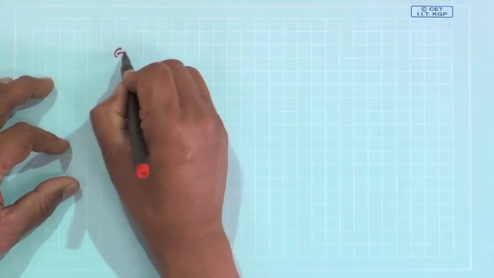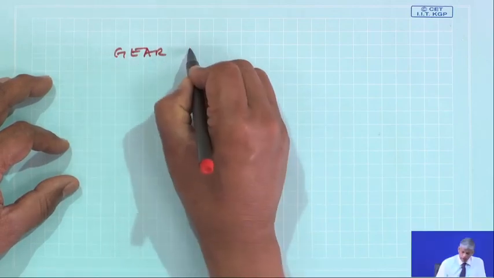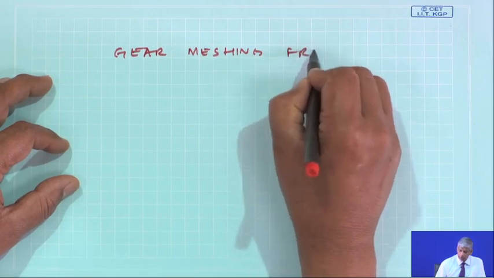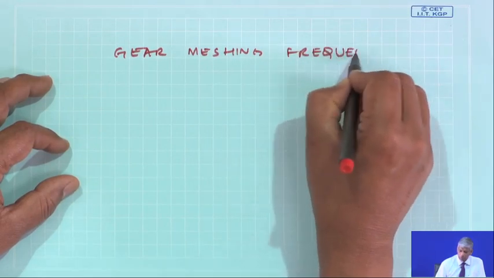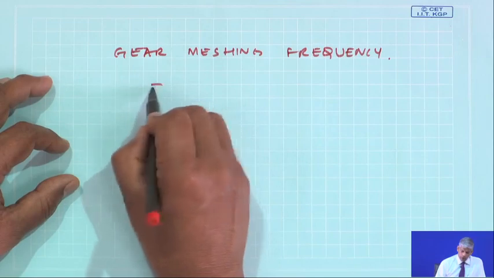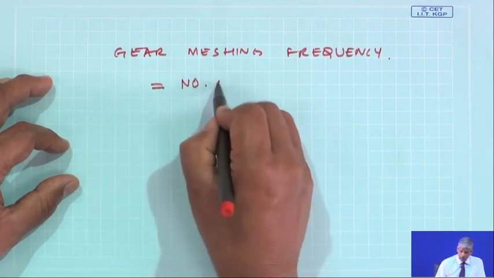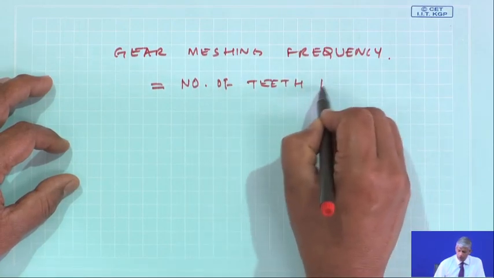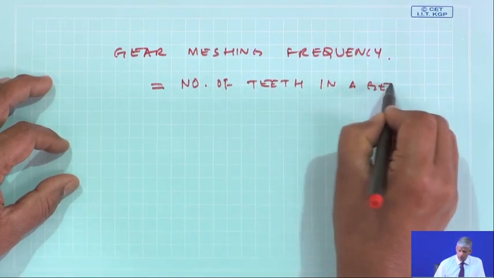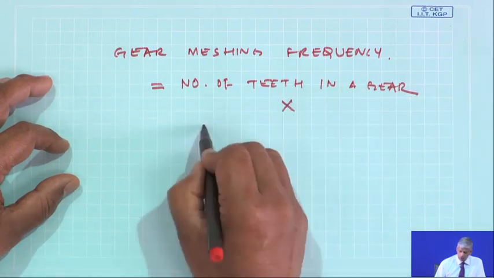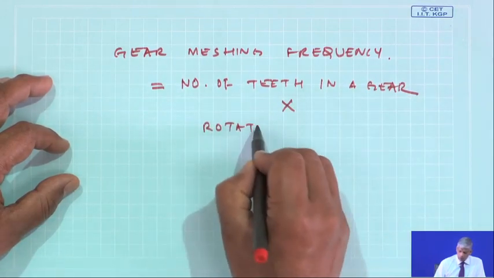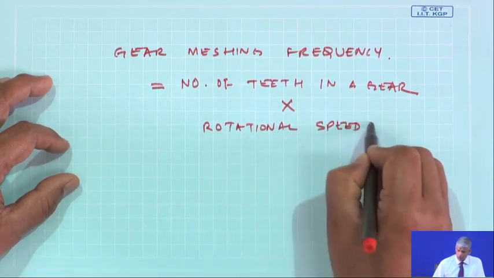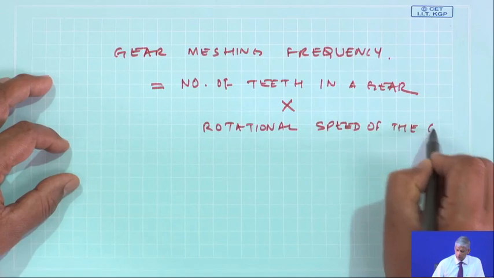GMF stands for gear meshing frequency, and which is nothing but number of teeth in a gear times rotational speed of the gear.